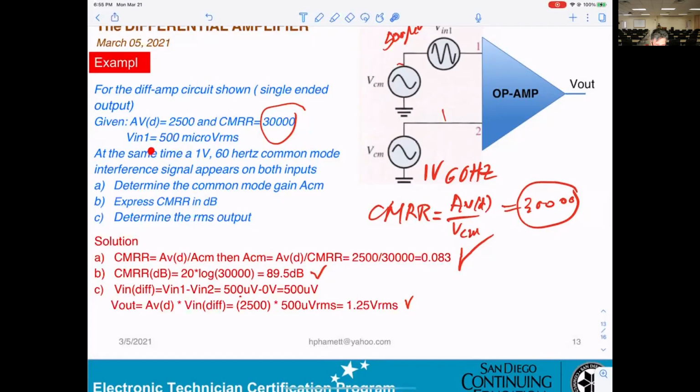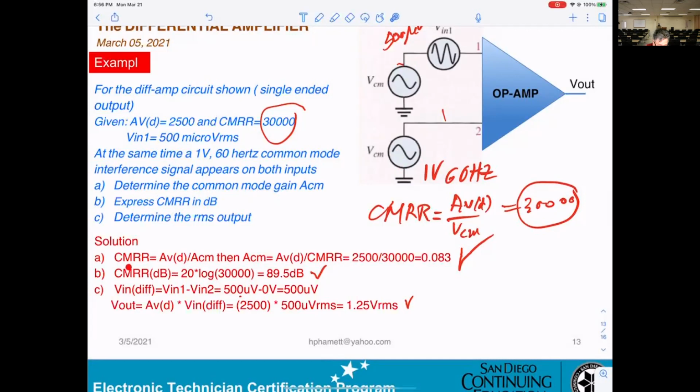At the same time, a 1 volt 60 Hz common mode interference signal appears on both inputs. That means this is 1 volt right here, 1 volt right here. Okay, 60 Hz. That means from the outlet, it affects input one and input two. They want to determine the common mode gain, ACM.